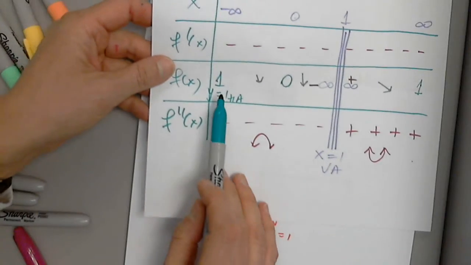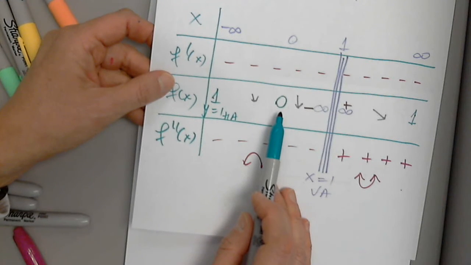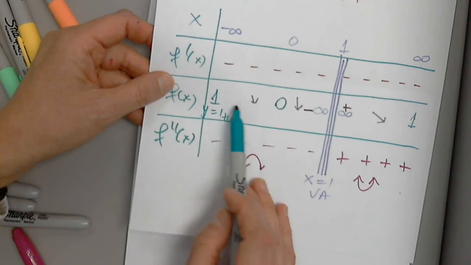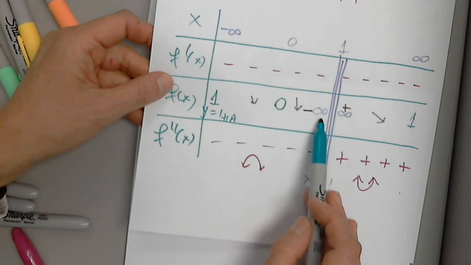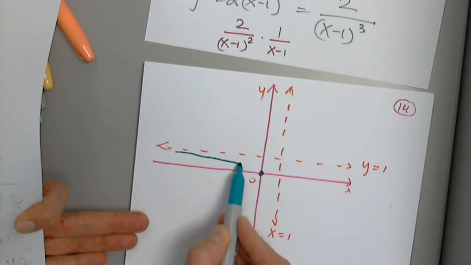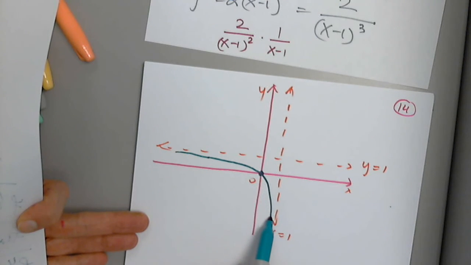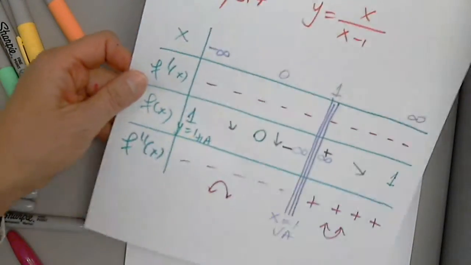From approaching the asymptote, decreasing, opening downward, decreasing towards the origin, opening down towards negative infinity. From approaching 1, opening down, crossing at the origin, going to negative infinity on the left-hand side of the vertical asymptote.